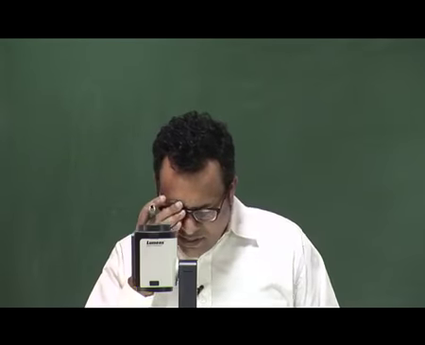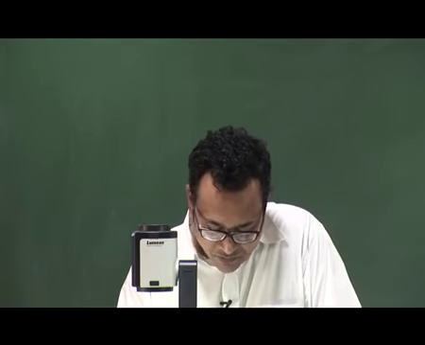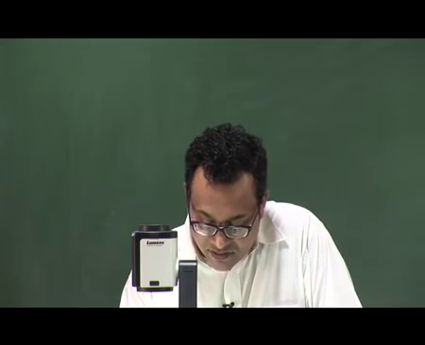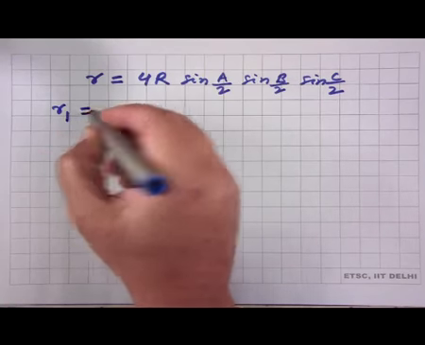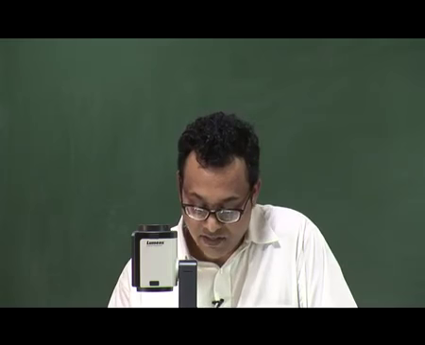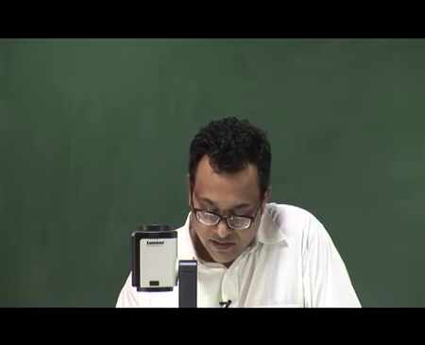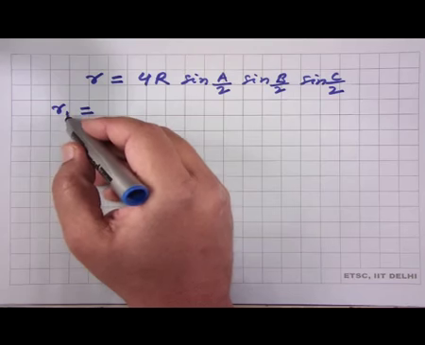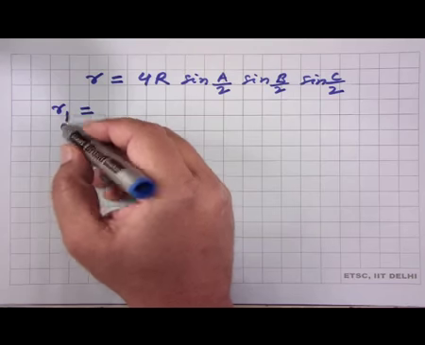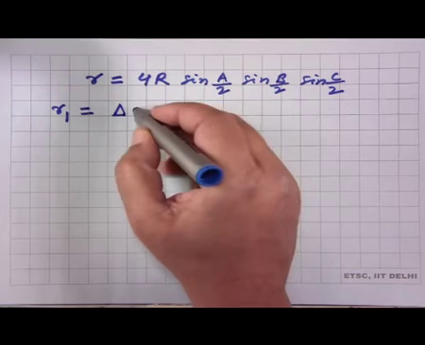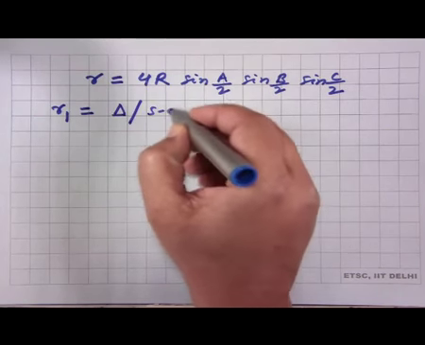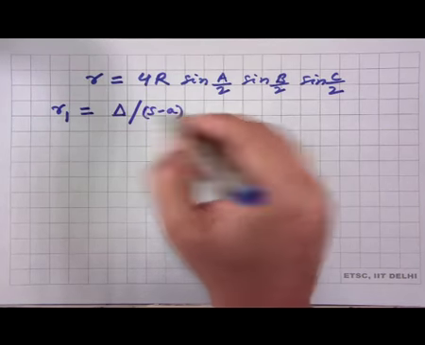If we recollect, in one of the previous lectures where we were discussing the escribed circles of the triangle ABC, we had shown that the radius of the escribed circle opposite to angle A is equal to the area of the triangle ABC divided by s minus a.